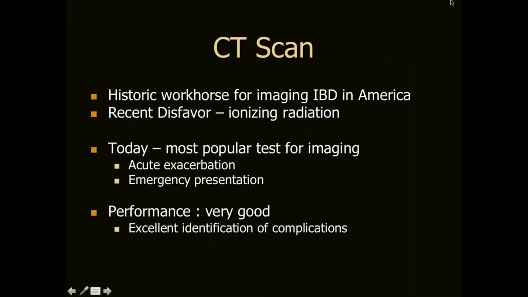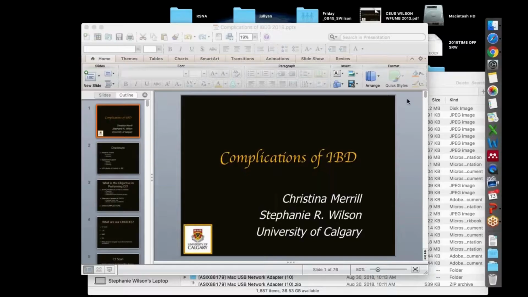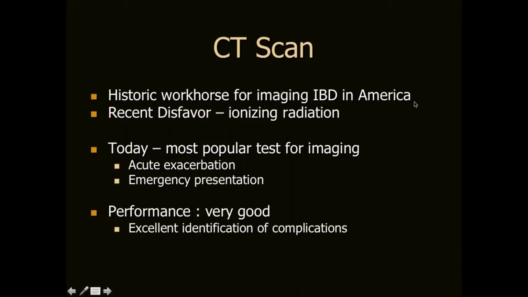So let's talk for a moment about CT scan. So CT scan has been the historic workhorse for imaging IBD in America, and recently it has encountered disfavor related to exposure to ionizing radiation. And of course, we're all familiar with the patients from the past who have X-ray bags before we had all of our digital imaging, and patients were exposed to large amounts of ionizing radiation.